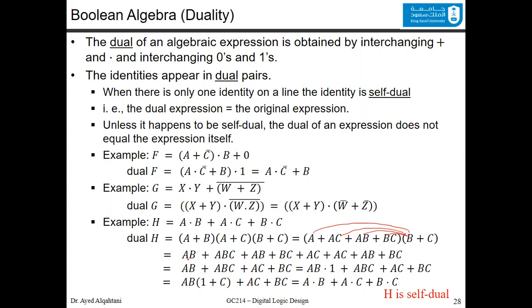So it will generate AB, ABC, AB, and also BC. Notice, for example, the last term here is B ANDed with BC, which is BC, because B ANDed with B is equivalent to a single B. Similarly, you do the same thing for the C, and you generate those 4 terms.